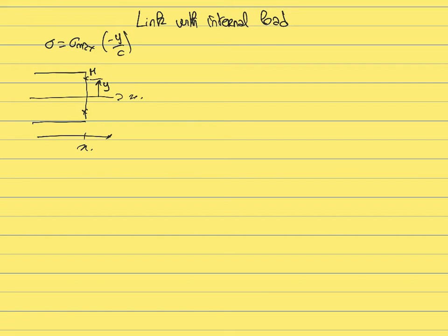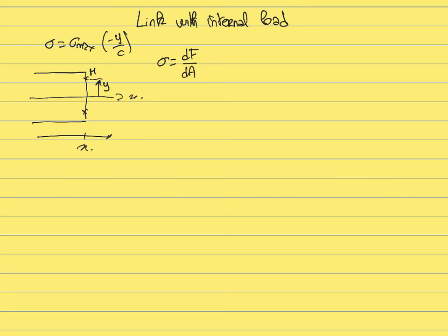So if there's a stress, then it means that there is a force that is associated to this stress. Why? Because the normal stress is going to be the force divided by the area.